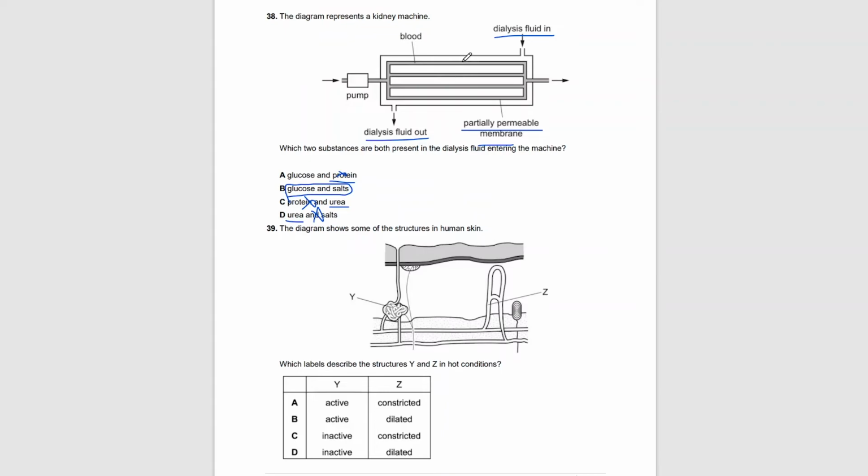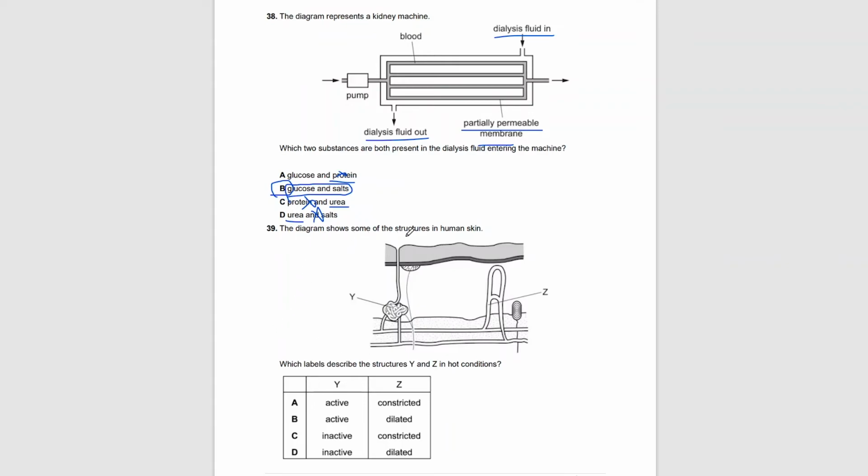The concentration of glucose and salt in the blood and the fluid should remain the same, because glucose and salts are both useful substances for the body and removing them is not necessary. So this is the answer. The dialysis fluid should contain the same amount of glucose and salt so that they are not removed, and should not contain urea so that it is removed from the blood to maintain a concentration gradient.